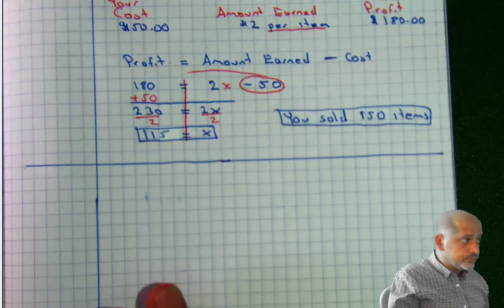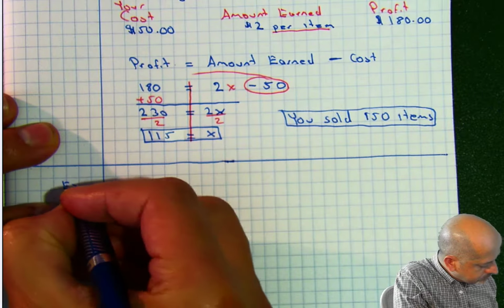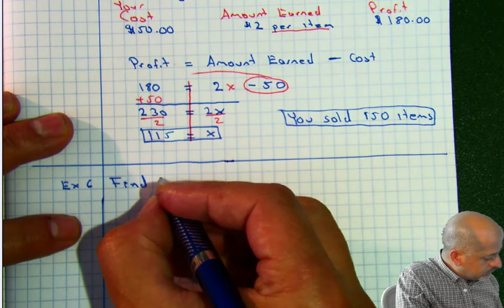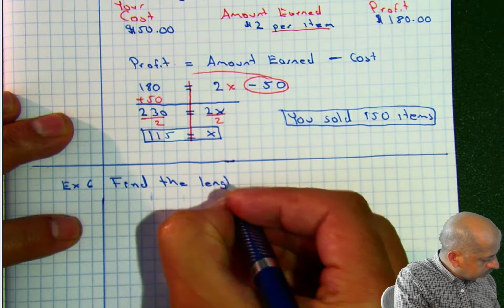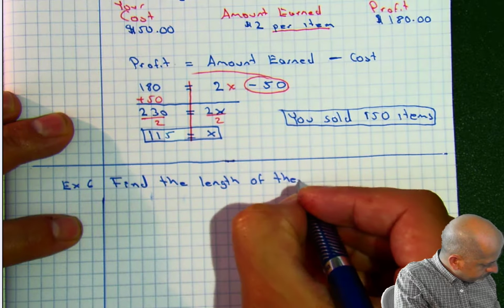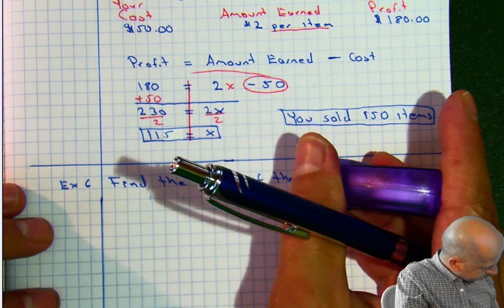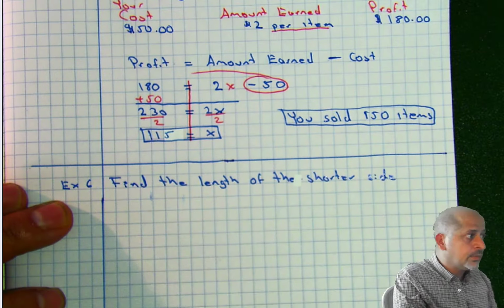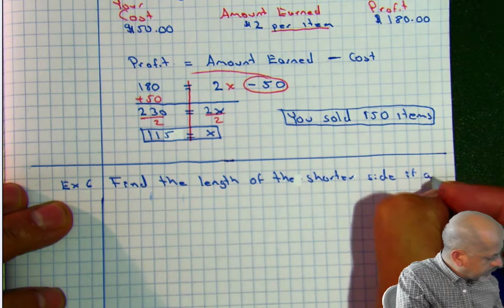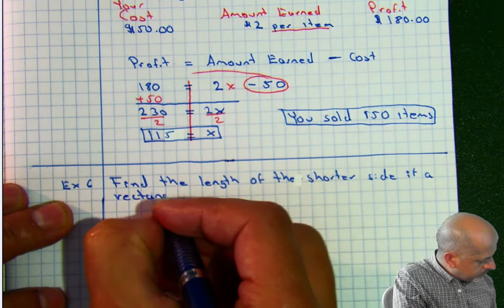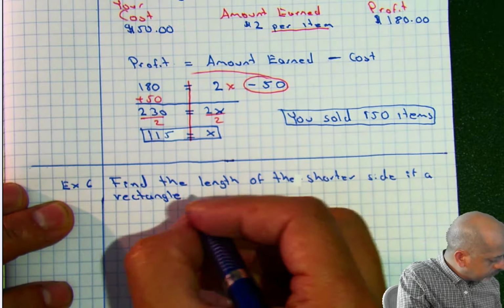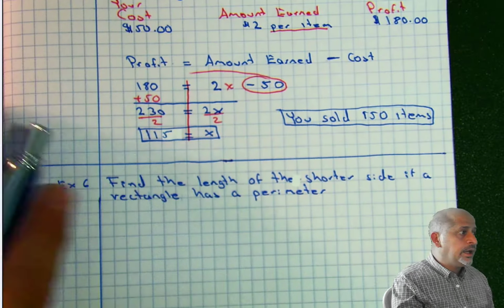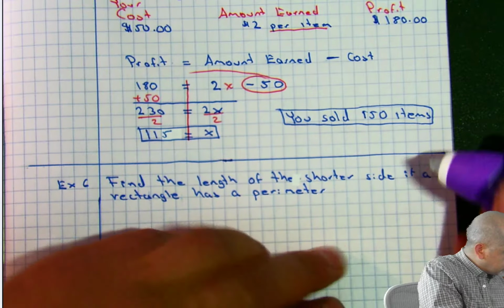And the last example for today, example number 6. Find the length or the shorter side if a rectangle has a perimeter of... and I should say if that rectangle, because we are going to actually draw the rectangle itself.